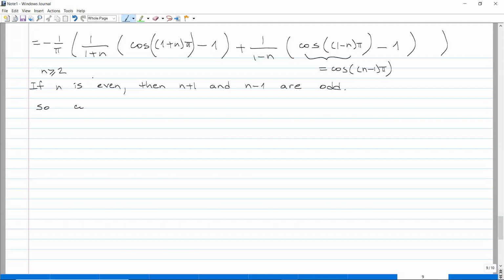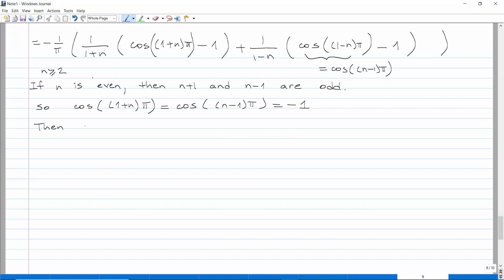So cosine of 1 plus n pi and cosine of n minus 1 pi are both minus 1, right? When it's odd multiples of pi, cosine is minus 1.